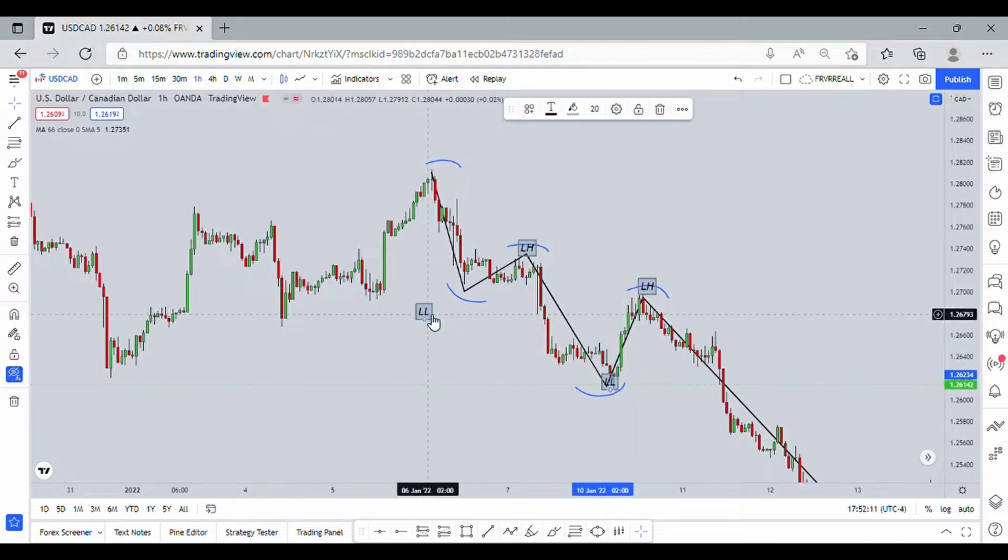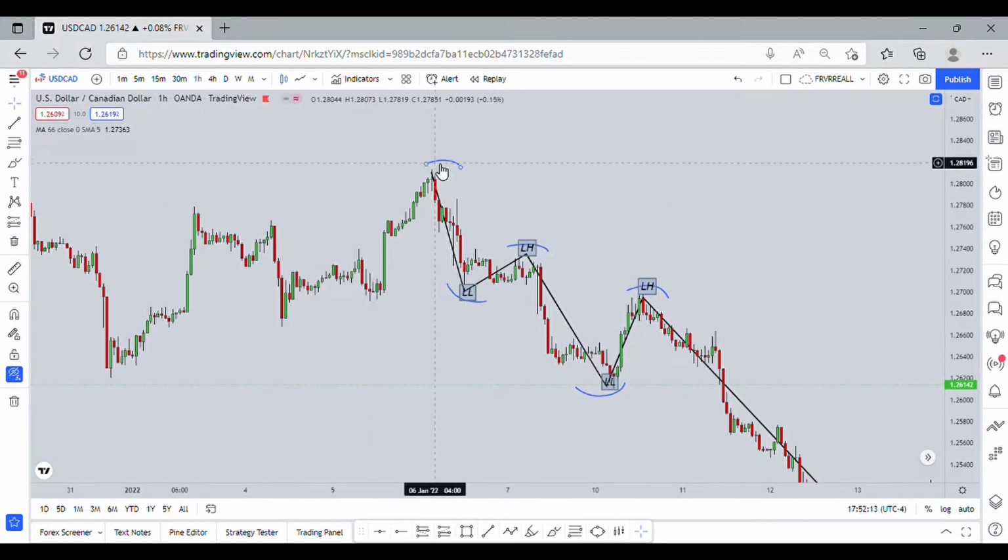So this is the starting point of the market. It's a high. The market makes an impulsive move to the downside. It makes a lower low, because you're shooting for lows. If you're selling, you're shooting for lows.